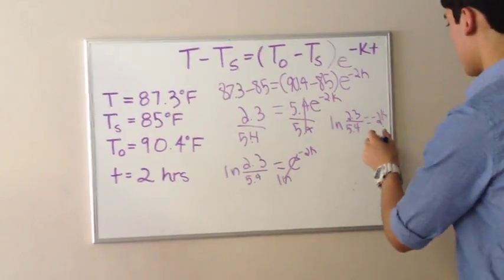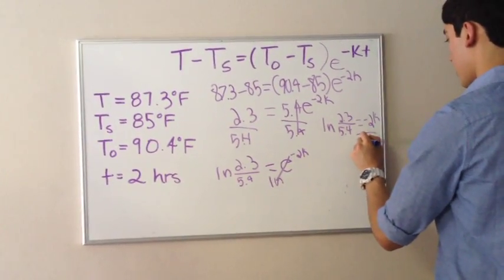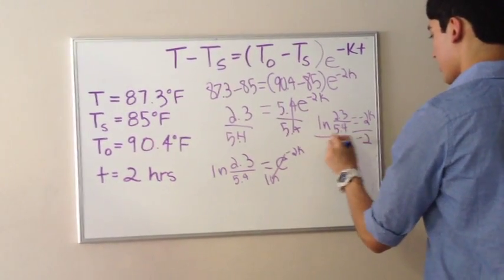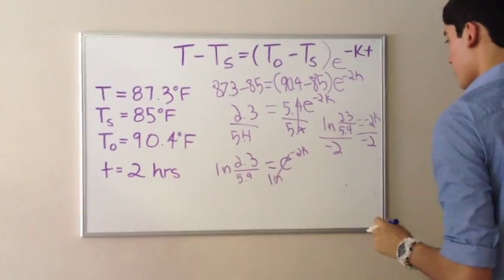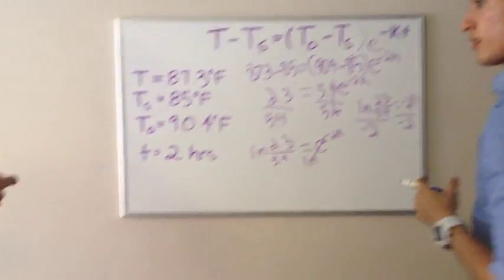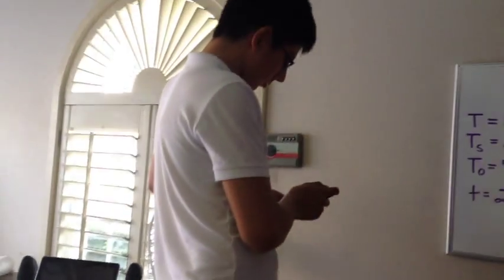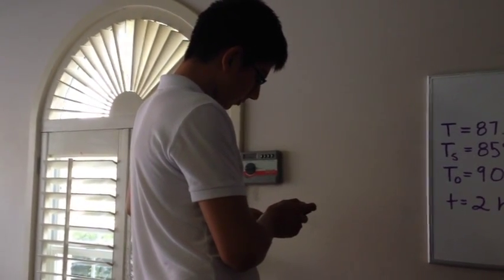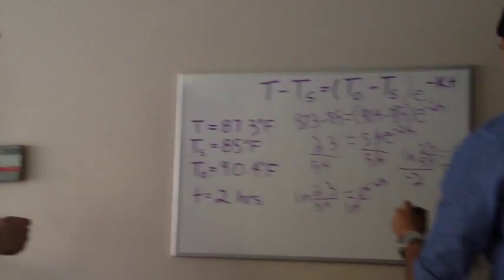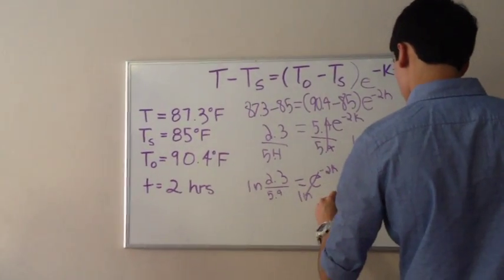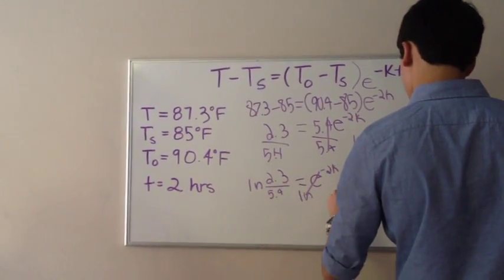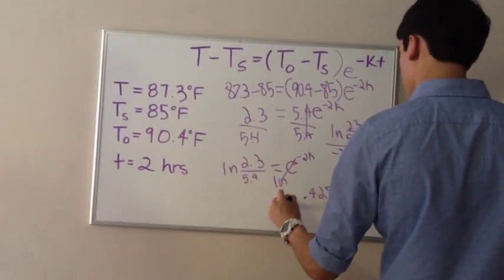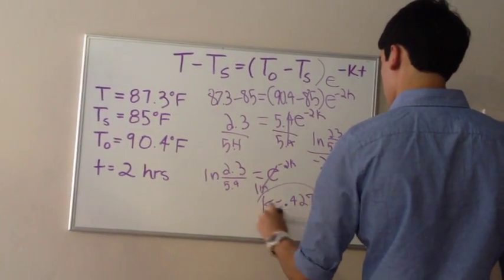So then it equals negative 2k, so I divide by negative 2, and then divide all this by negative 2, which would equal, let's see, plug it in the calculator, 0.427. Okay, so that's what k is. There you go.